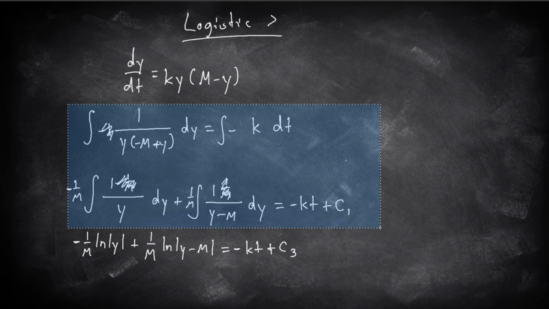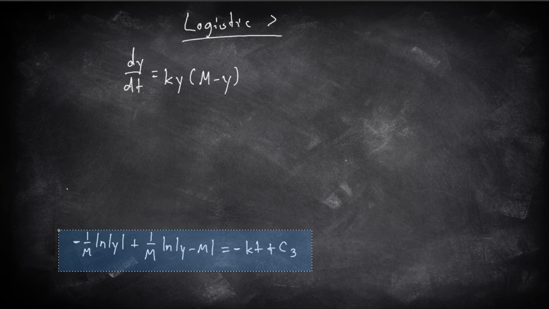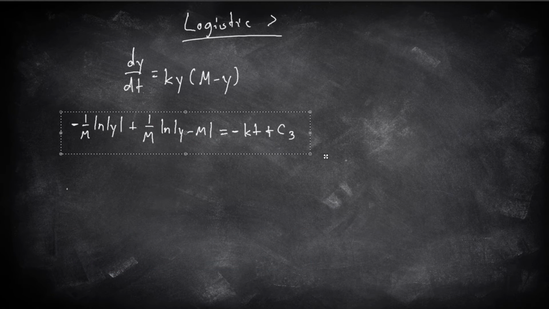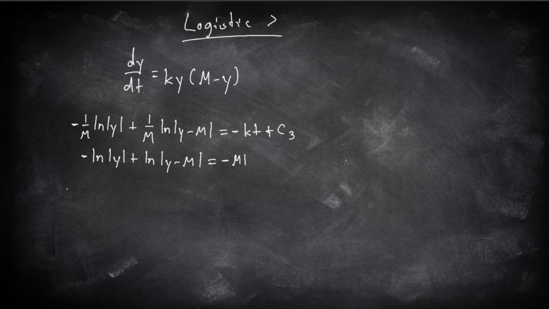Let's delete a bit of this so I can have more room to do the math. Now, let's multiply by m on both sides so we cancel out these 1 over m's. So that will be negative natural log of y plus natural log of y minus m equals negative m kt.